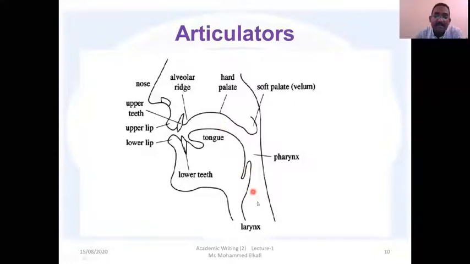And if you move down, you'll find the larynx here, in this area. Outside you will find the Adam's apple, and inside you'll find the larynx, which includes the vocal cords, or the vocal folds, in this area.